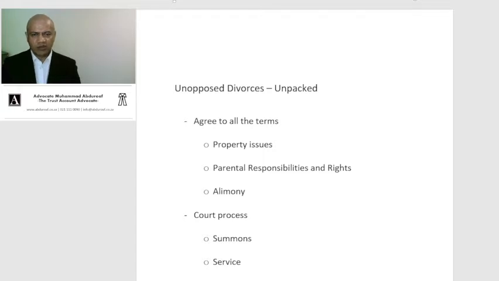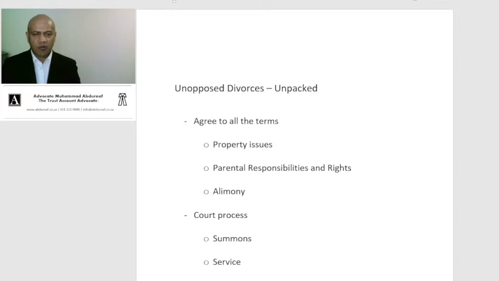It is possible that the issue could be something other than maintenance. The issue could be what time the other party will have contact on a Saturday. So they agree upon everything: maintenance, care and contact, the property, and so on.